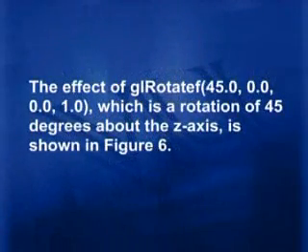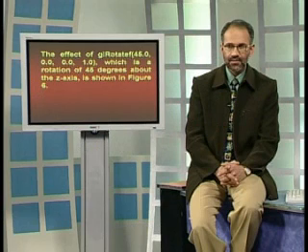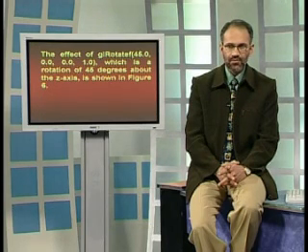The effect of glRotatef 45.0, 0.0, 0.0, 1.0, which is a rotation of 45 degrees about the z-axis, is shown in the next figure. Please note how we have specified rotation about the z-axis. The angle has been specified, and of the three coordinates x, y, and z, x and y are zeros, and z has been specified to be 1.